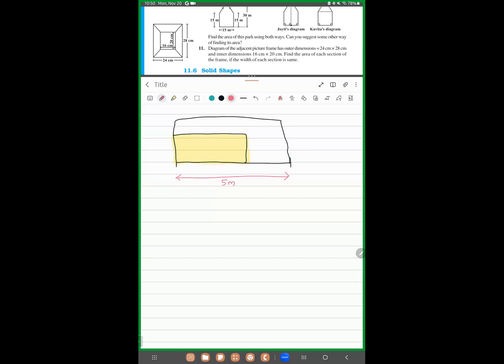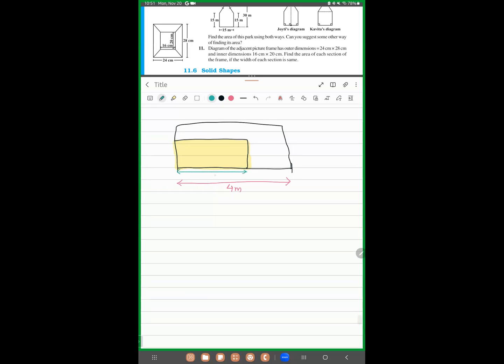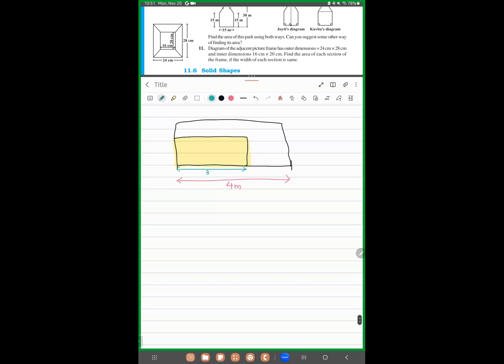Okay. 5 meters is too much. Let's say it is 4 meters, and your bed is occupying, let's say, 3 meters. Then can you tell me how much space is left?